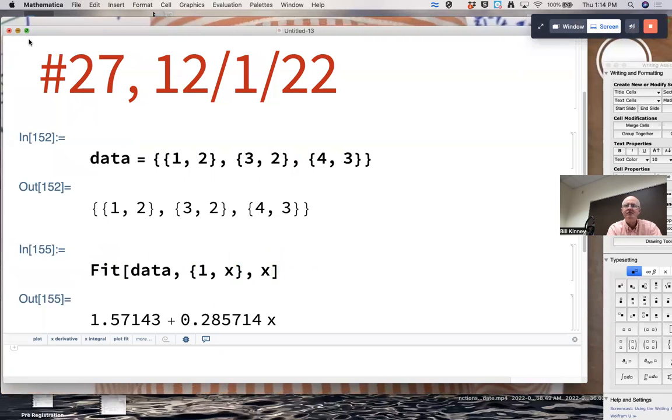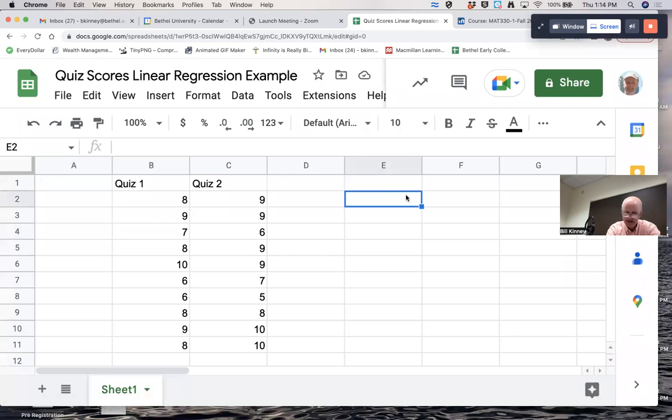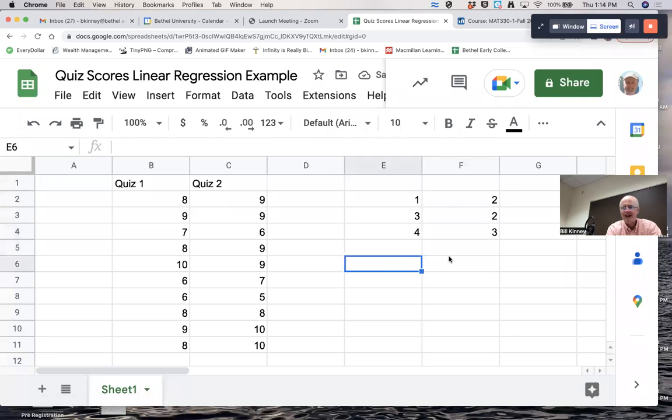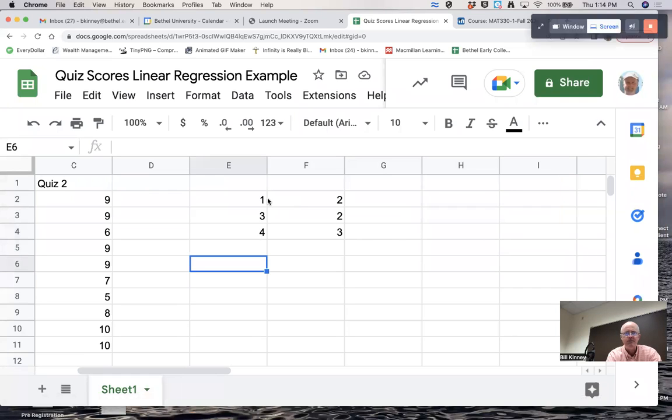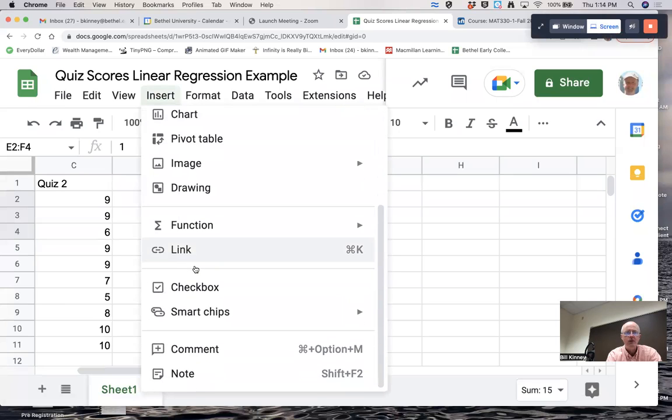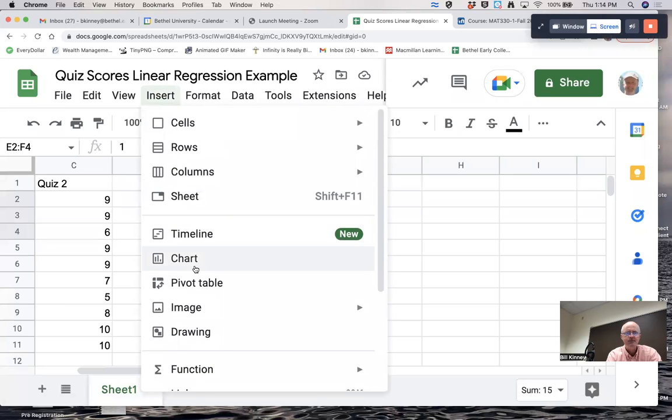Spreadsheet. Plug in my points again. 1, 3, 4 for x. 2, 2, 3 for y. Probably the fastest way to see what the linear regression line is, unless there's some macro I'm missing that you could find, I've never searched for one, is to highlight the points, insert a chart that you want to be a scatter plot chart.